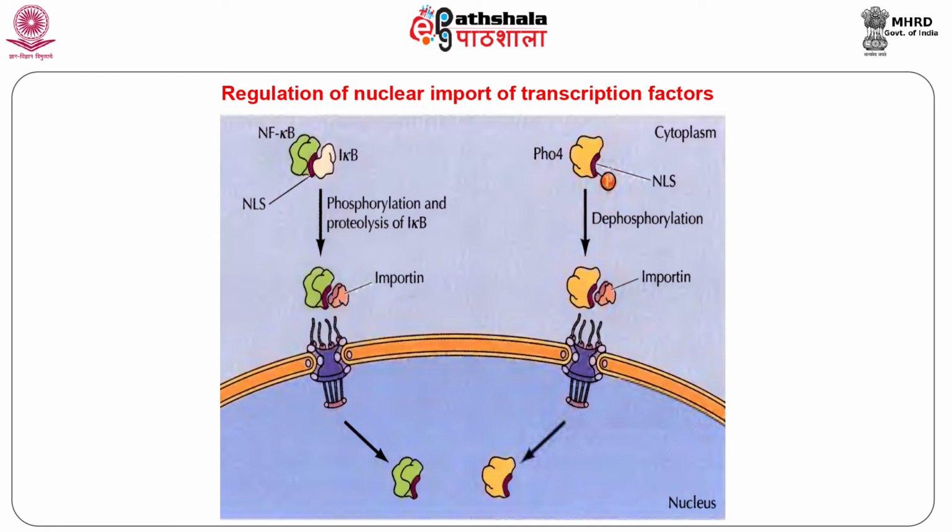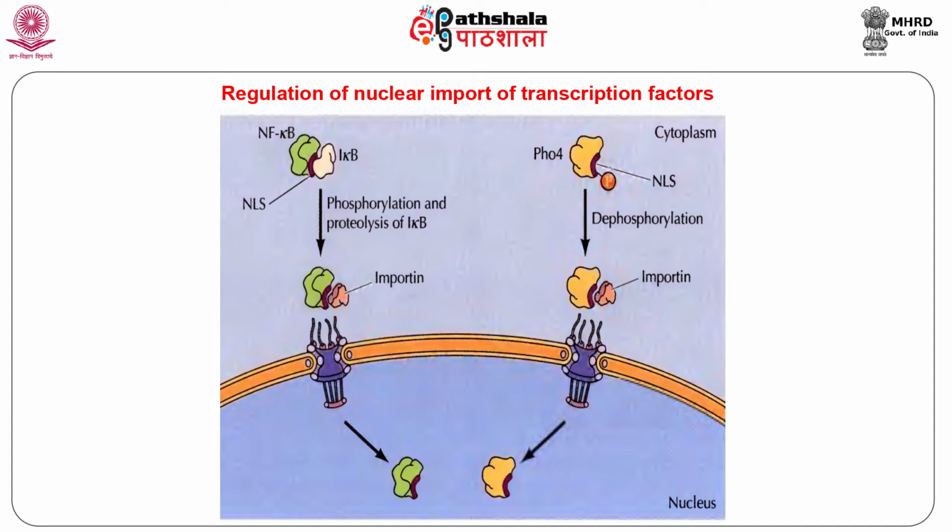In one mechanism, transcription factors or other proteins like NF-kappa B associate with cytoplasmic proteins that mask their nuclear localization signal. In the figure, you can see I-kappa B as an inhibitory protein masking the nuclear localization signal of NF-kappa B and forming an inactive complex. So, its transport to the nucleus is prevented.